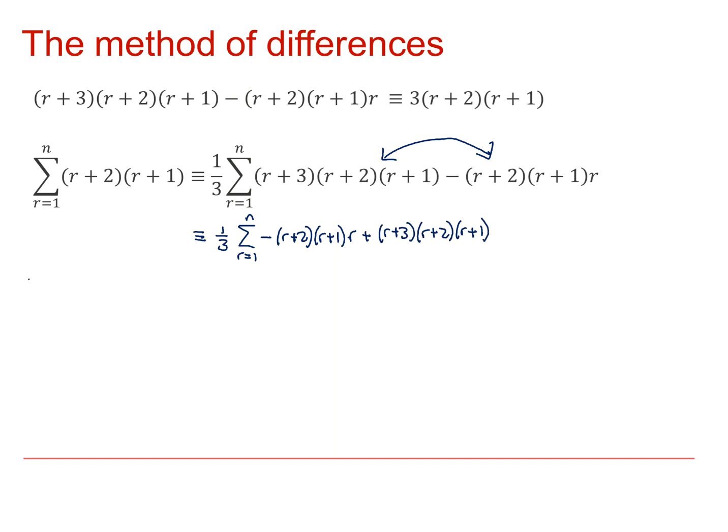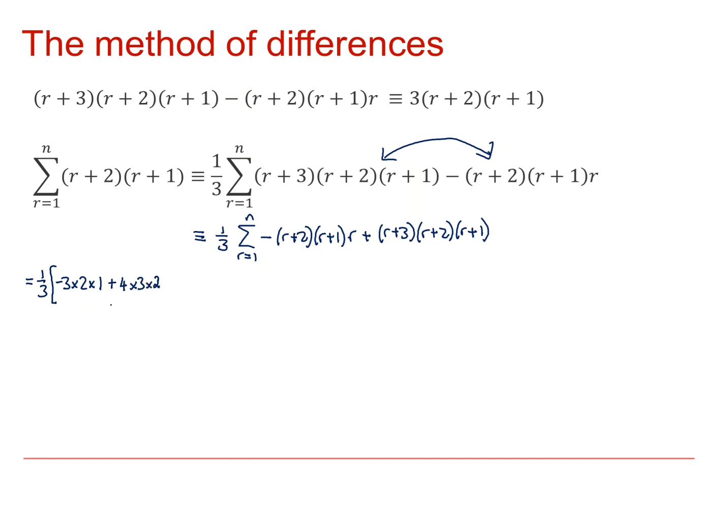Now let's start writing out terms. So that's 1/3 of, if r equals 1, then I've got 3 times 2 times 1. It's always best to write out the calculation rather than the answer, because you'll be able to see where the cancelling happens more easily. So that's minus 3 times 2 times 1 plus 4 times 3 times 2.